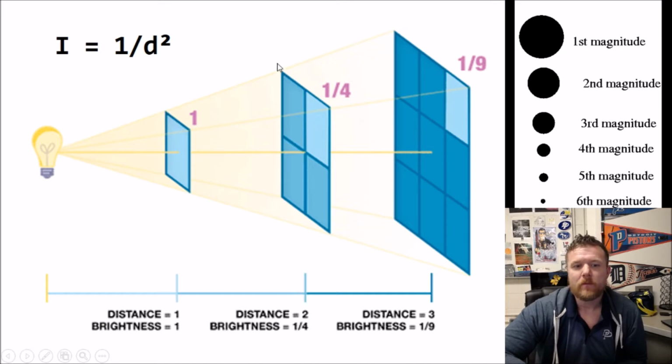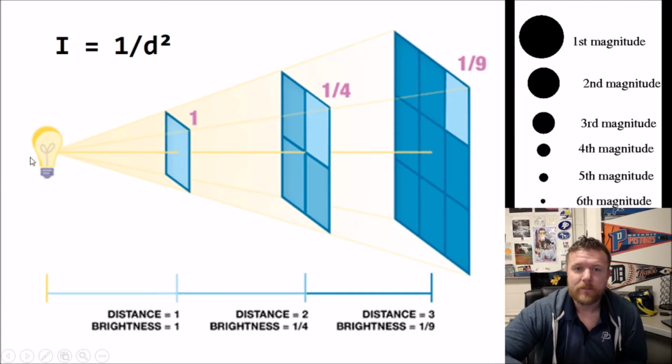But if you double that distance, that same amount of light is now spread over 2 squared, over 4 little boxes. If you triple the distance, that same amount of light is now going to have to cover 9 of those squares, or 3 squared. So this is going to be much brighter than a box that's just 3 times farther away.